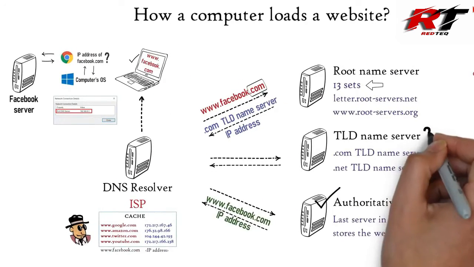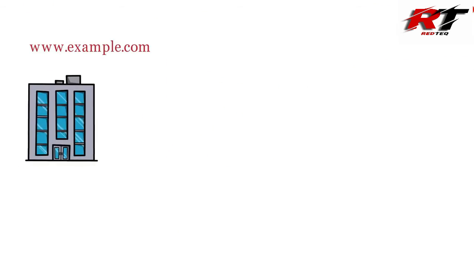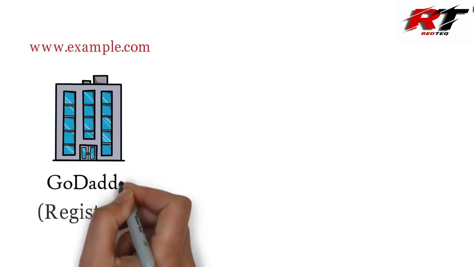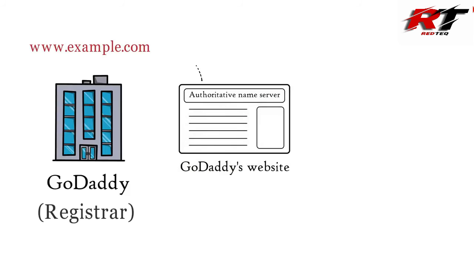But how does the TLD name server know which authoritative name server stores the IP address of the requested website? It all begins when we purchase a domain name from a registrar, for example GoDaddy. On the registrar's website, we can set the authoritative name server that the domain should use. We get the details of the authoritative name server when we buy a web hosting plan from companies like HostGator.